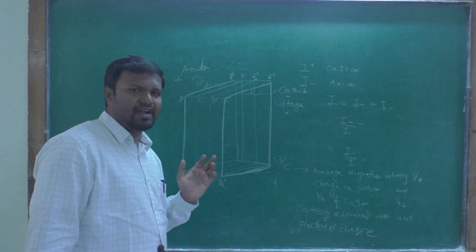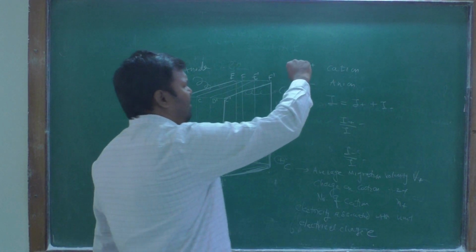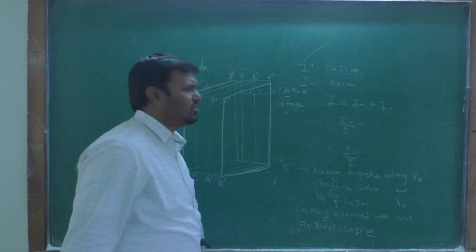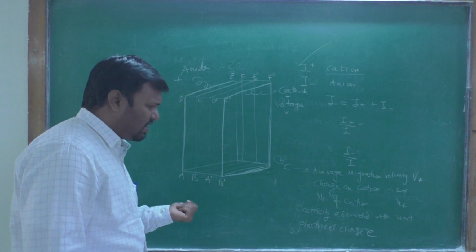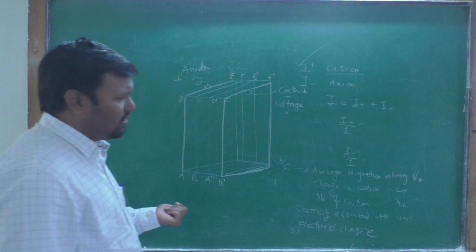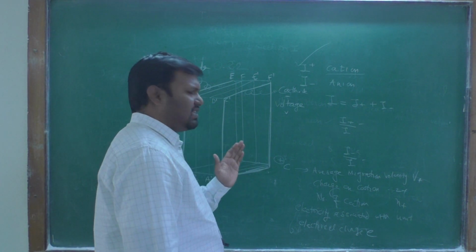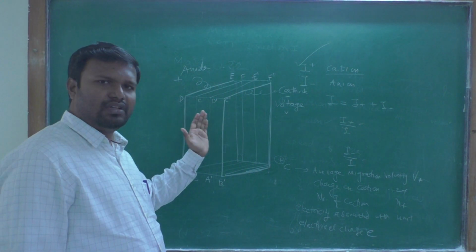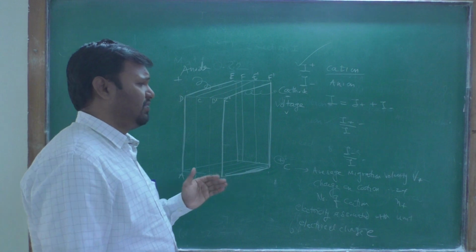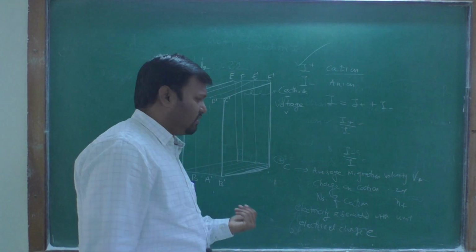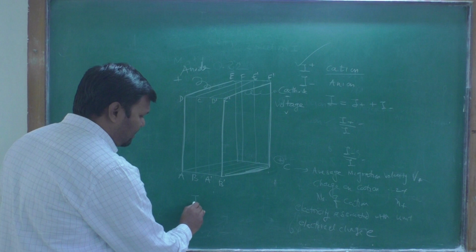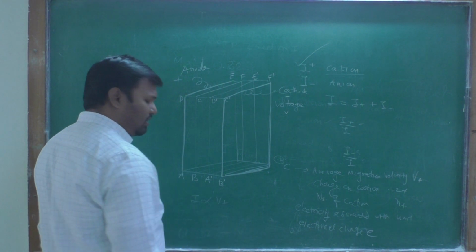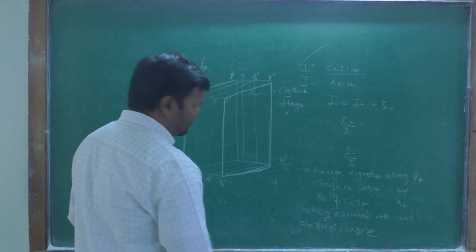We will firstly find out the total current given by the cation, which is I plus. The current is directly proportional to speed. If speed is higher, then it gives the higher current, because it is deposited fast at the electrode. Therefore your current depends upon its velocity V plus; as velocity increases, current increases.